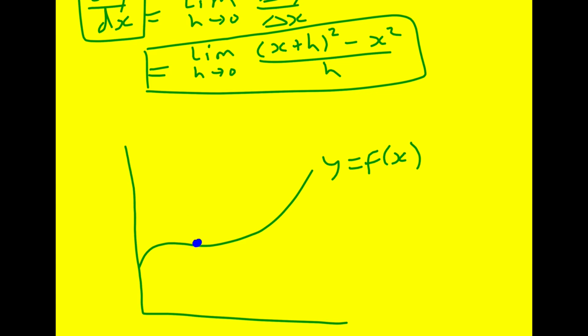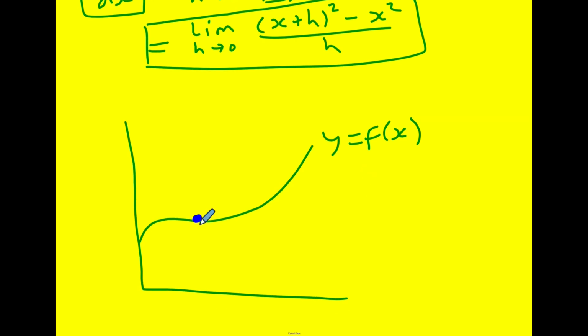How can we write down dy by dx in terms of the function? What we can do is say, right, the point is x, and this is going to correspond with f of x. I'm going to put a point a little bit away. It's going to be x plus a little bit. I'm going to call that h, and immediately I have my run, which is h.